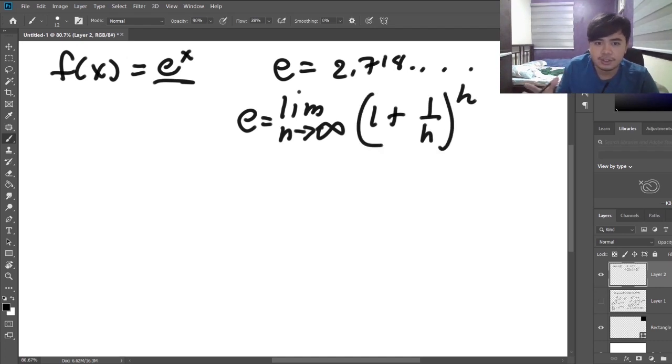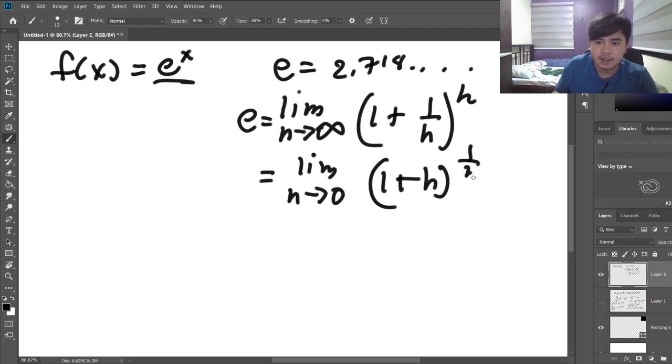That is the definition of e. Or you could actually do a little bit of substitution. You can also express e as this: the limit as h goes to now 0, 1 plus h to the power of 1 over h. This is also e. That's going to be important later on.